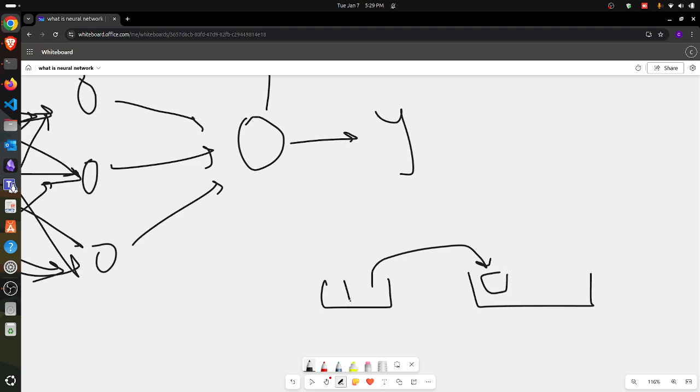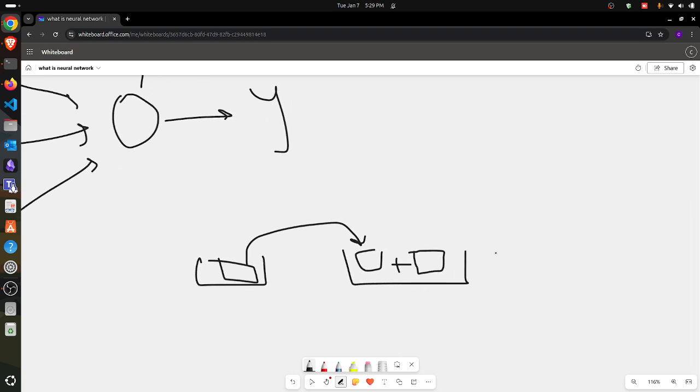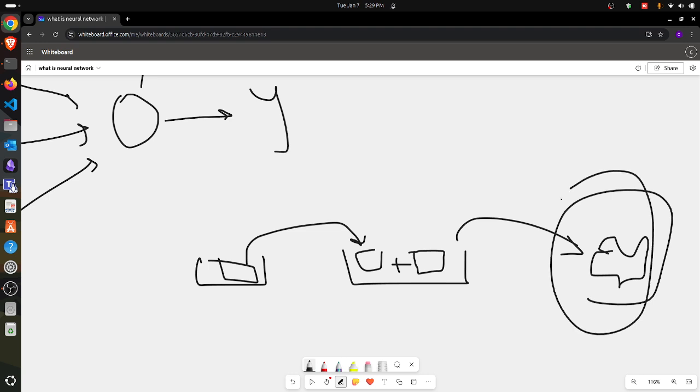So imagine this is the information from the previous box. It is here, and it adds its special sauce with that, and we're going to get something better, a combination of those two things. So this is what we call a better guess.